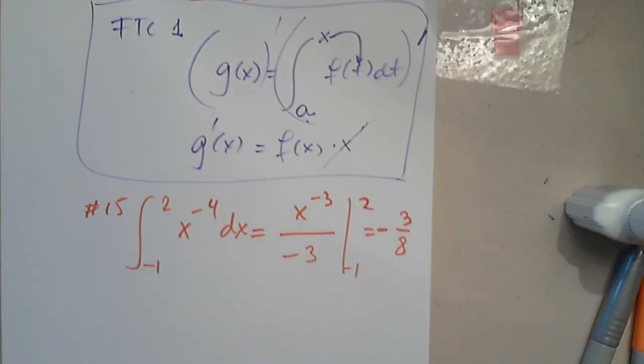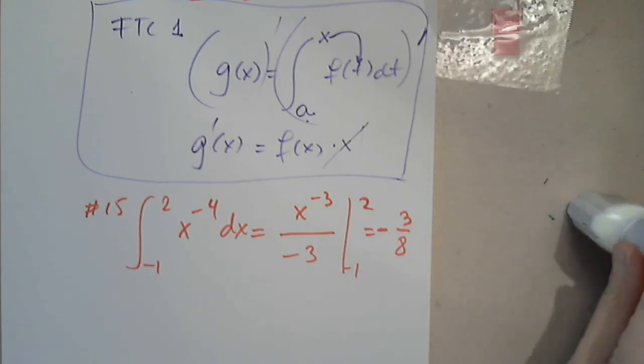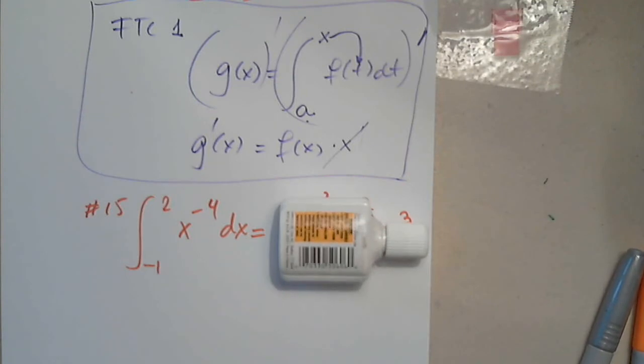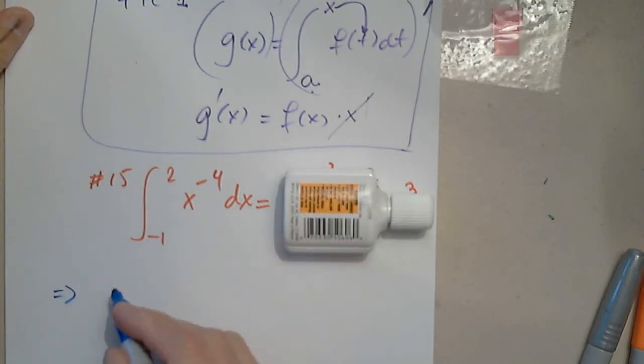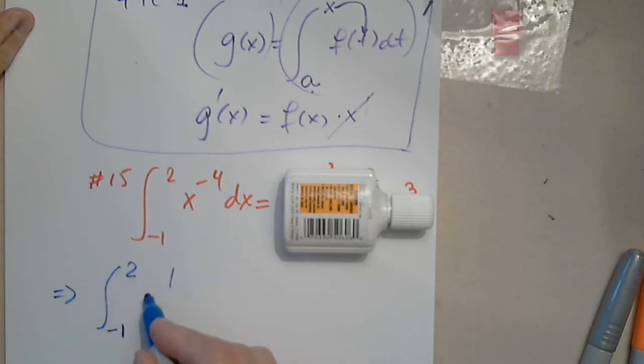So whatever they say over there, I don't care. I just would like to calculate this on my own. I don't care about their answer. Couldn't care less. So first of all, I rewrite it for a moment: the integral from -1 to 2 of 1 over x to the 4th dx.